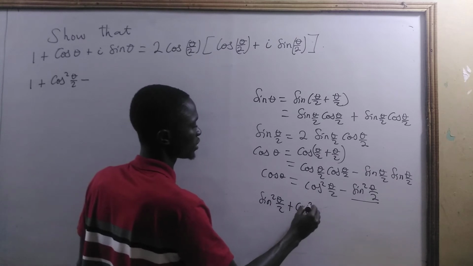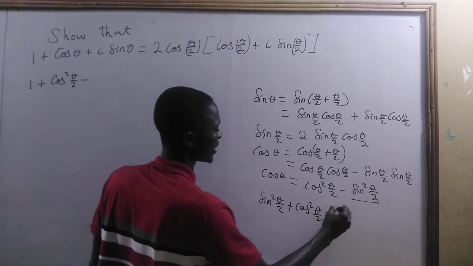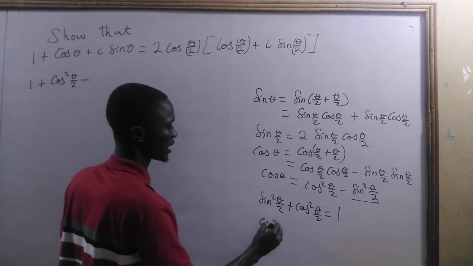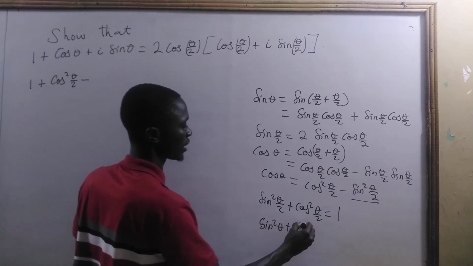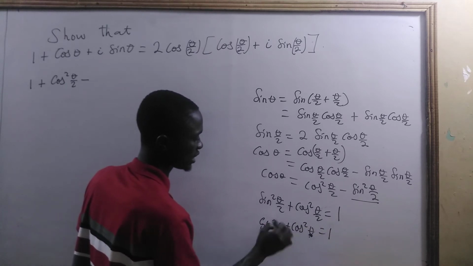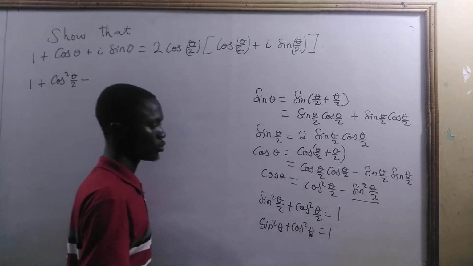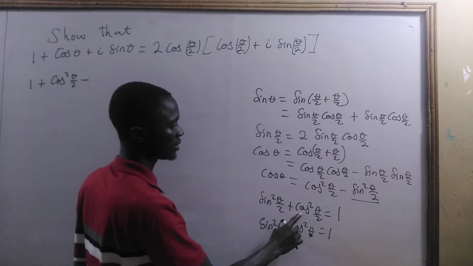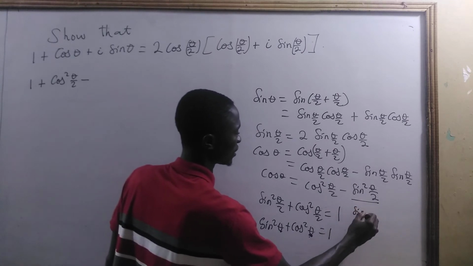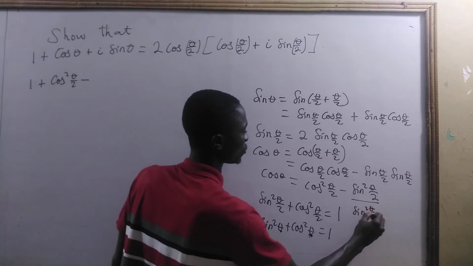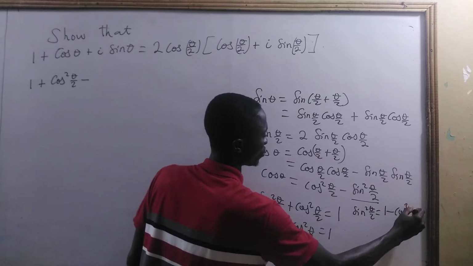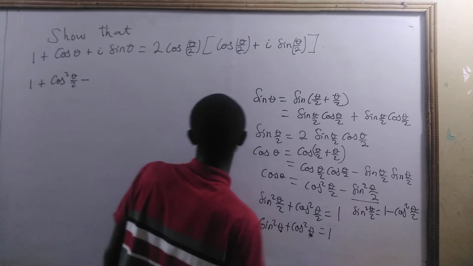We know that sine squared plus cosine squared of the same angle is equal to 1. Here the angles are the same, so it is equal to 1. We can make sine squared the subject: sine squared of theta on 2 is equal to 1 minus cosine squared of theta on 2.